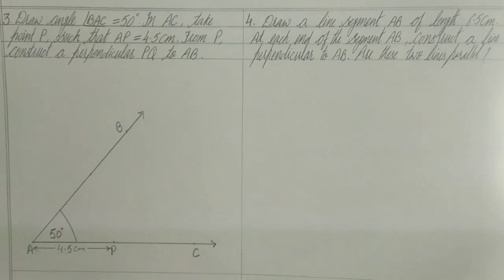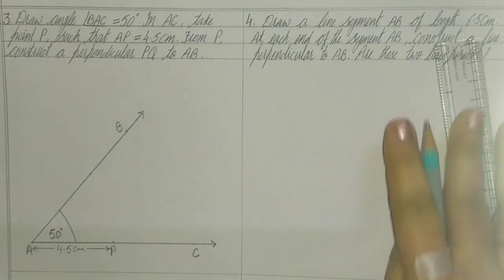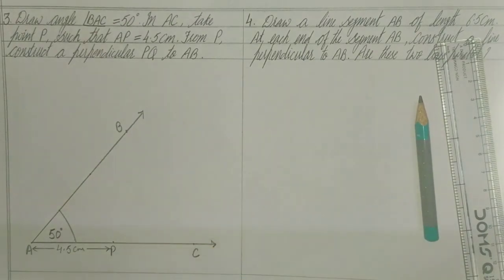It's 4.5 centimeter. Now in the next step, from P construct a perpendicular PQ to AB.